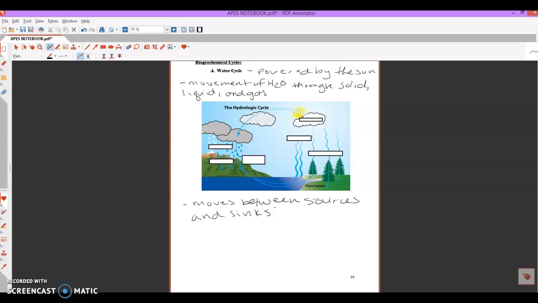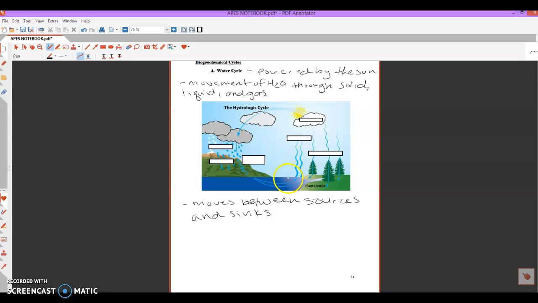So a sink, when we're referencing biogeochemical cycles, is something that will absorb that particular item, whether it's water or carbon or nitrogen. It's something that will absorb it. All right, so let's start with some of the easier terms. So we're going to fill in these boxes with the correct phase shift or term that describes what's happening.